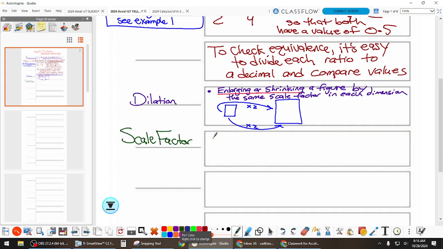Okay, so scale factor is the number, let's say it this way. Emphasize the word multiply.